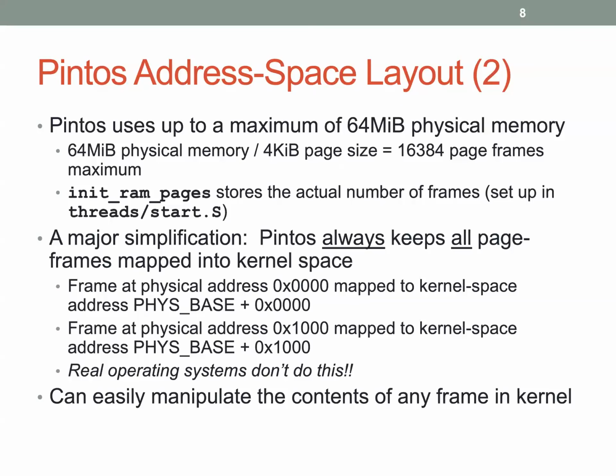Now here's another comment in the spec. It says, in Pintos, every user virtual page is aliased to its kernel virtual page. Does that mean all the contents of the user virtual page is also in kernel space? Yes, automatically, because what we're talking about is a frame. The frame is holding the contents of the user virtual page for that process.